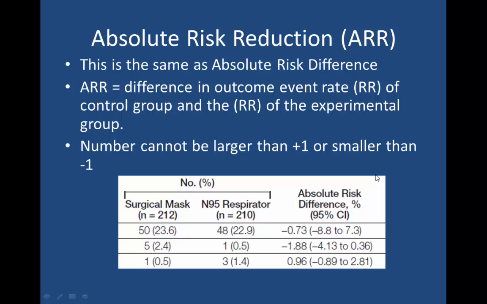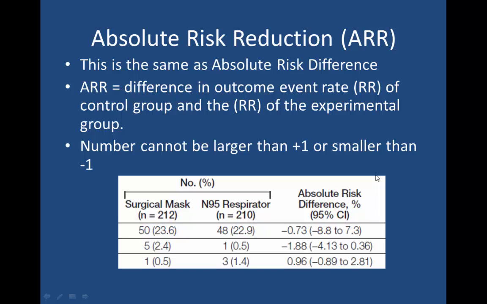And if you're given the values in risk ratio, you can calculate the risk difference just by doing this simple math. What was the percentage of an outcome, and in this case it was influenza diagnosis, of people who wore the surgical mask compared to the outcome of influenza diagnosis in those who wore the N95 respirator mask.